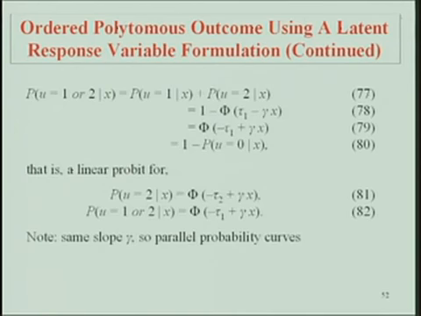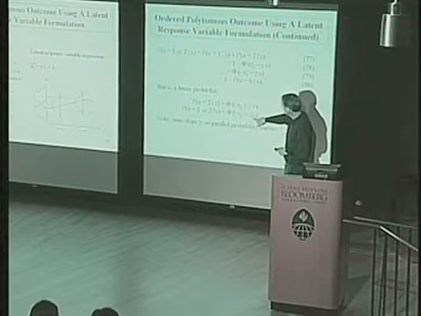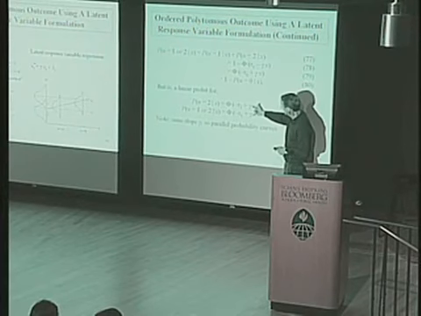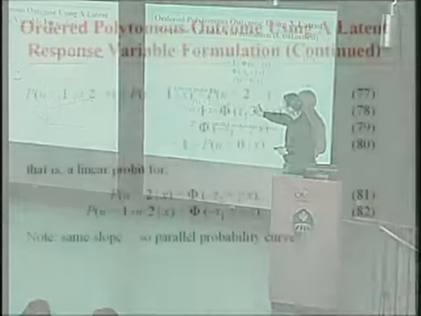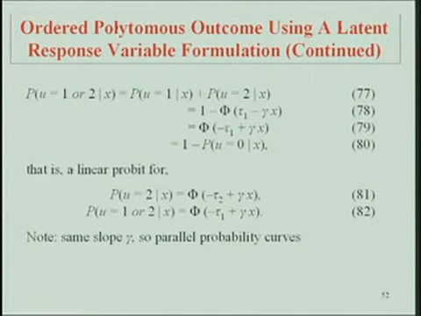Tau 2 and gamma play in. Probability of being in the 2 highest categories is a linear probit, again with the same gamma, same slope. That's the hallmark of ordered polytomous, but with a different threshold. Same slopes of parallel probability curves.